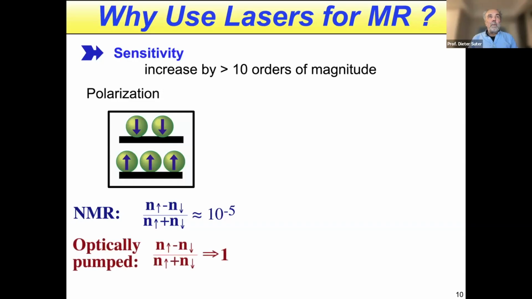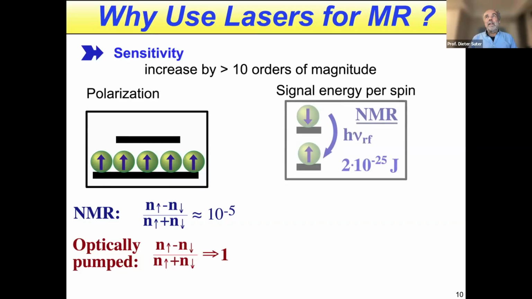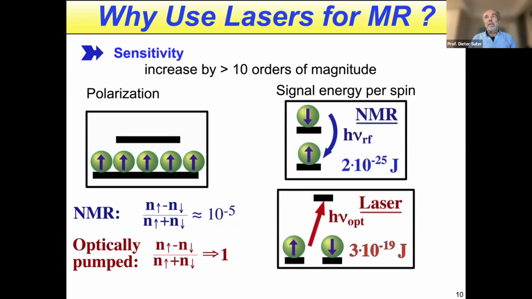If you optically pump your system, you can bring all the spins into the same spin state, so the relative polarization is close to unity. The second reason is that you increase the signal energy that you get on your detector.